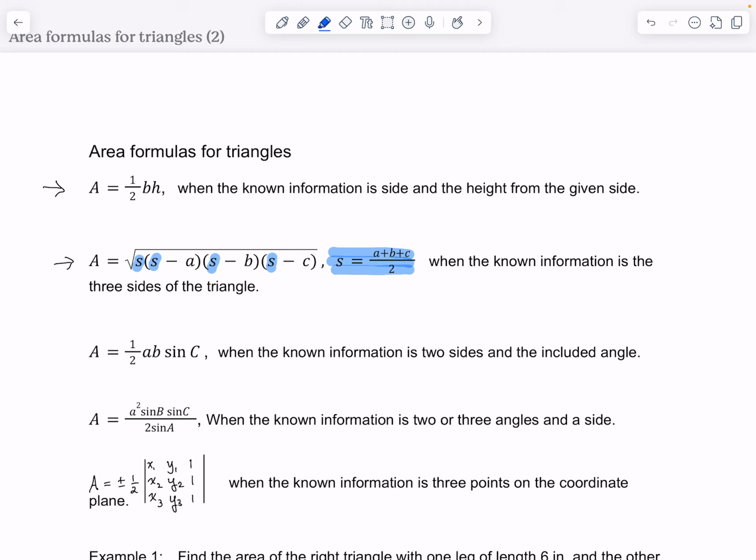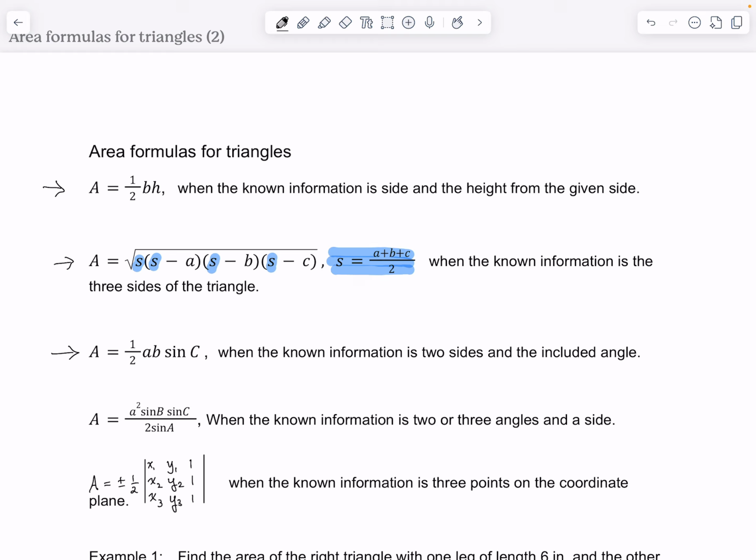Well, what if instead of the three sides of a triangle, we know two sides and the included angle between those two sides? In that case, we'll use the formula area is equal to 1/2 the side length that we know times the other side length that we know times the trig function sine of the angle between them.